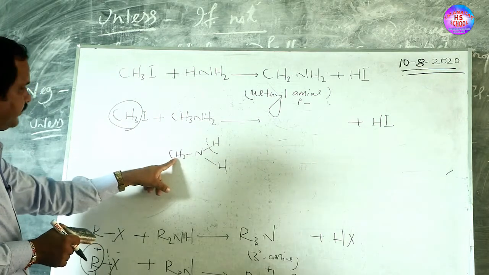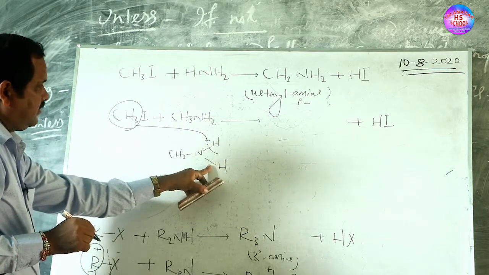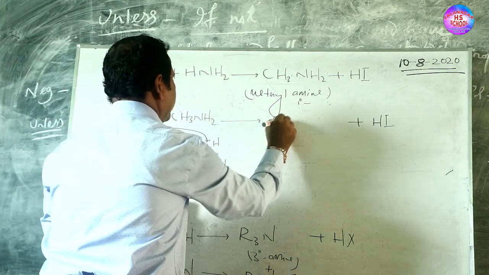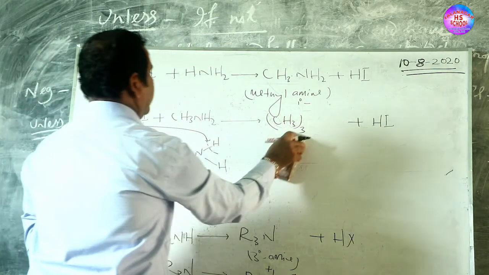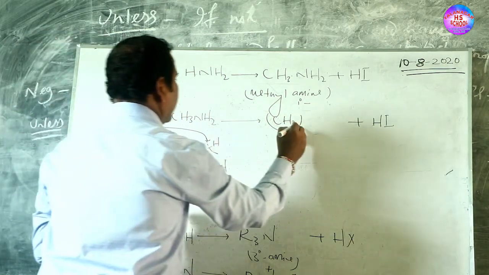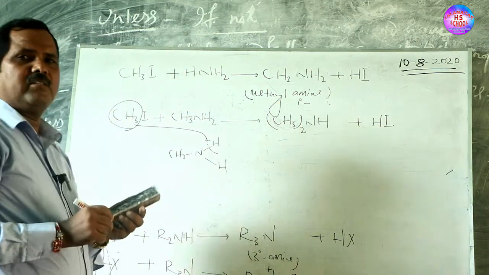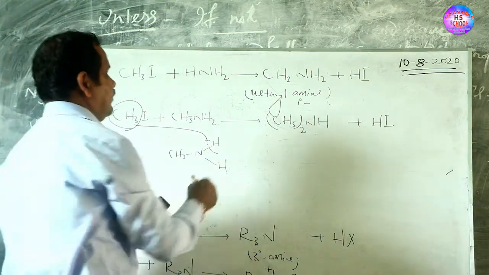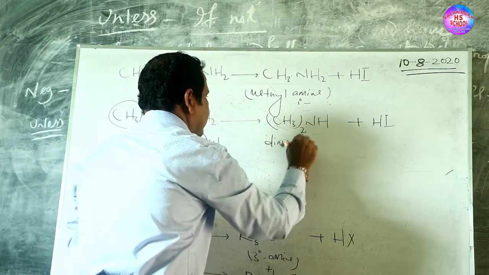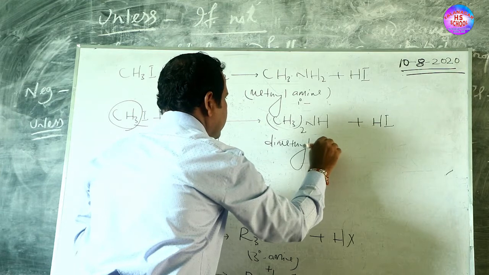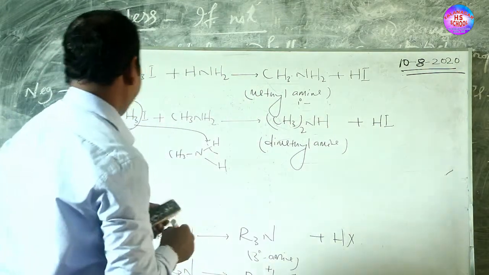So we get CH3 and H, so we get (CH3)2NH, called dimethylamine. It is an example of a secondary amine.